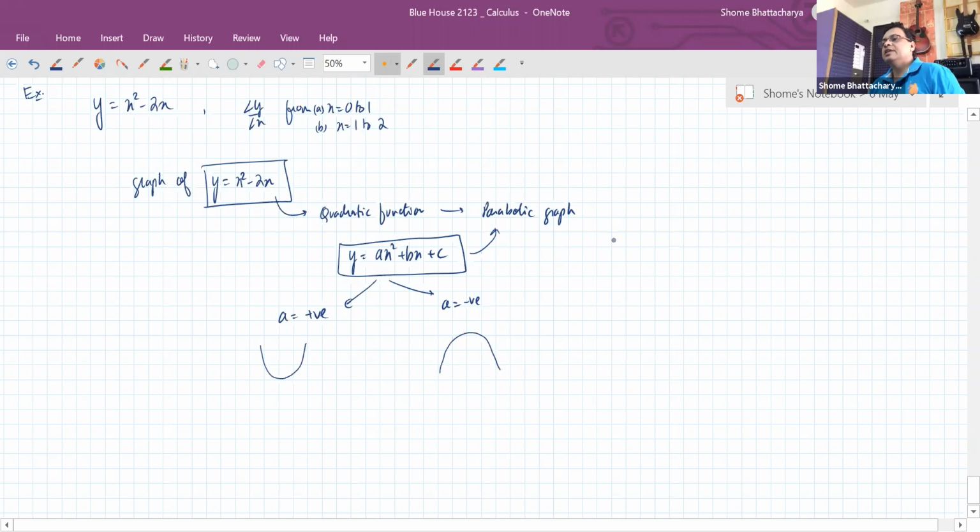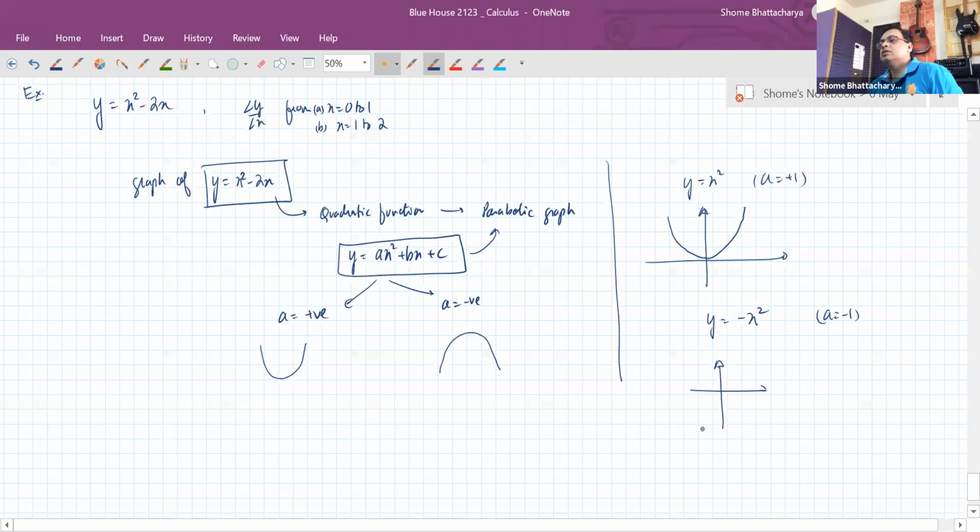The most basic example is the function y is equal to x square. It looks like this, a parabola opening upwards. But if we take the function y is equal to minus x square, the value of A is -1. Here the value of A is +1. And that one looks like this.